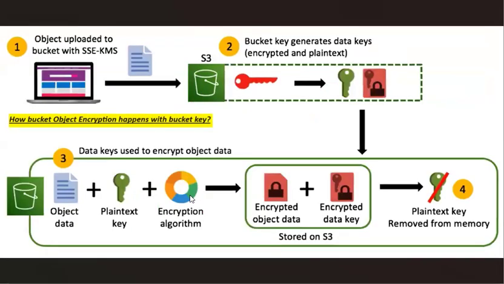Whenever a user uploads an object to the S3 bucket, what happens? Since this bucket has the bucket key, the bucket key will generate the plain text data key as well as the encrypted data key.